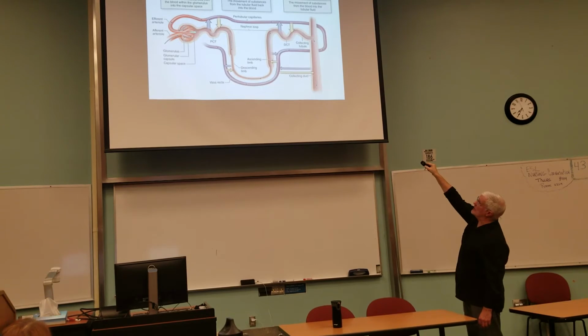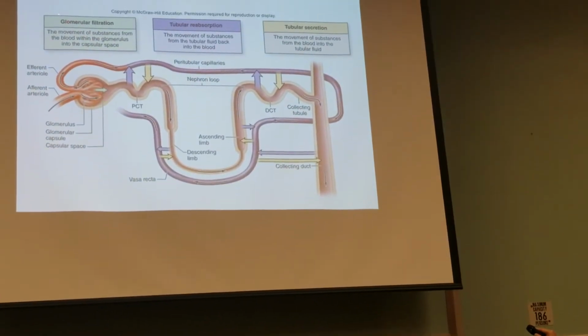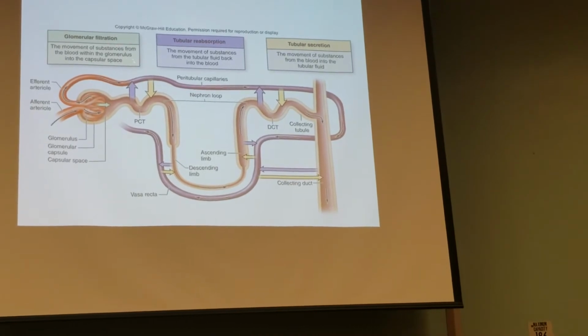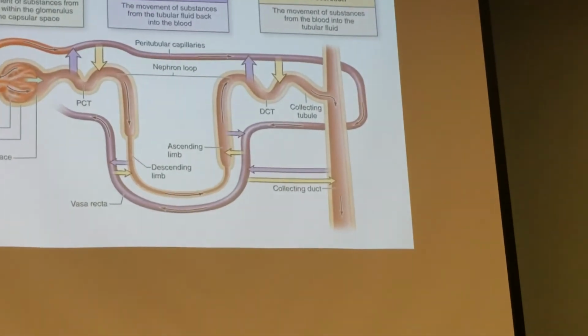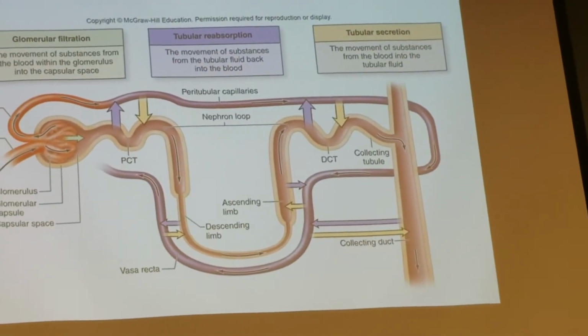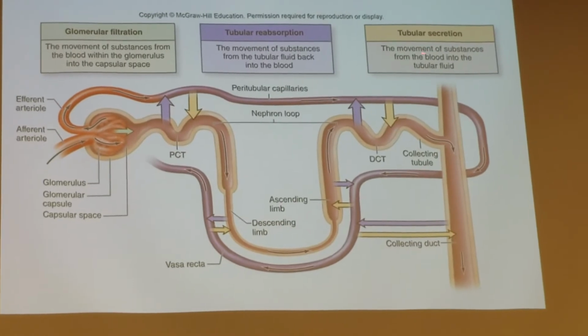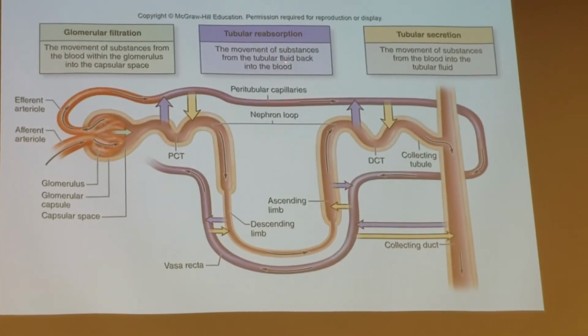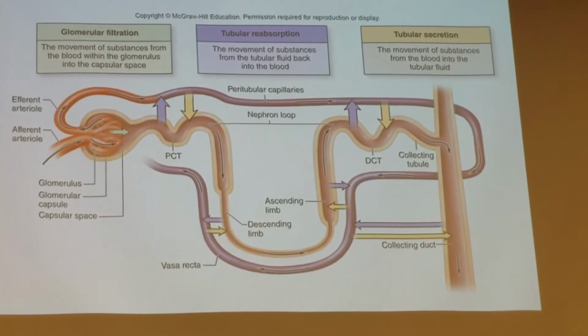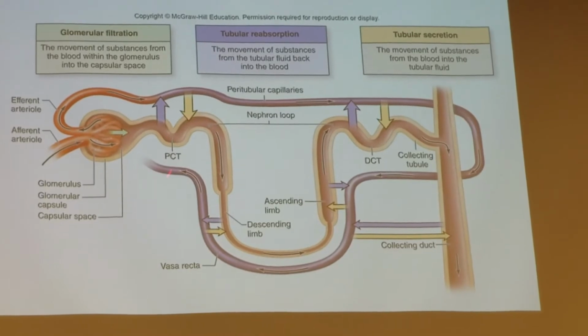We can color code it by the arrows. Green arrows is where you do glomerular filtration. That's the only place you have it, because that's the only place you have a glomerulus. But now we have purple areas and gold or yellow areas. The purple represent reabsorption. Now, here's what we need to stress, as I already did in the lab this evening.